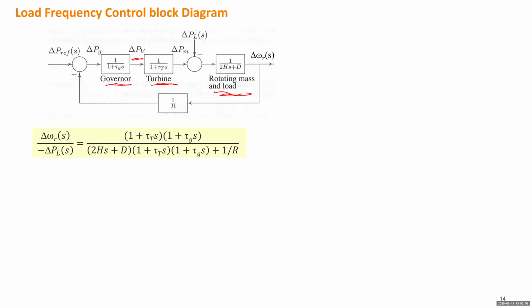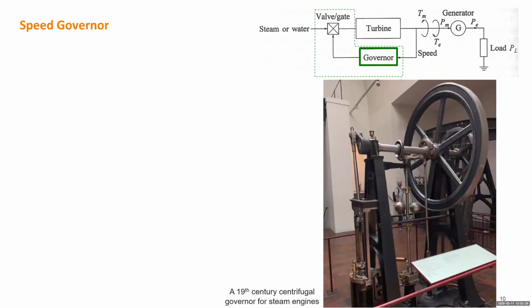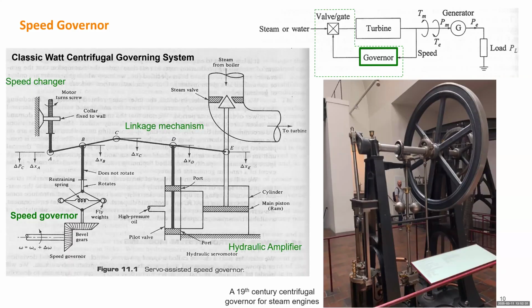The governor will measure the feedback signal about the frequency deviation compared to the reference signal, and decide whether we want to increase or decrease the valve opening. Remember the centrifugal governor we showed in last lecture, which is a very simple and classical design, translating the change of speed into the distance between the 2 flying weights.